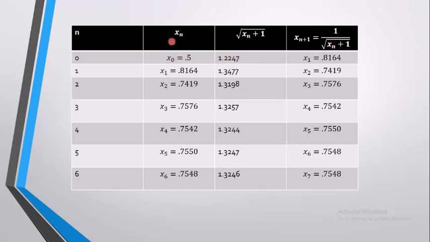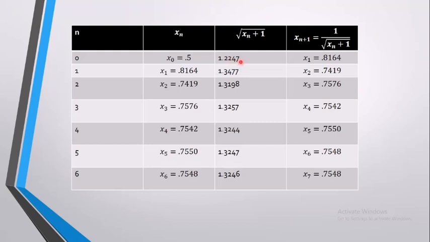So when n is equal to 0, my x0 is 0.5, and in the third column, the root of (x0 + 1), or 0.5 plus 1, the root of 1.5, is 1.2247.